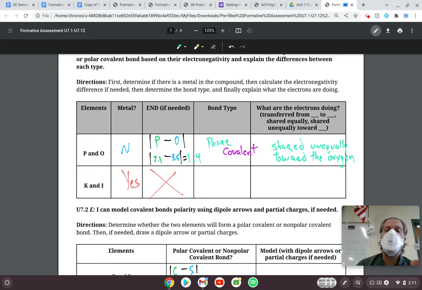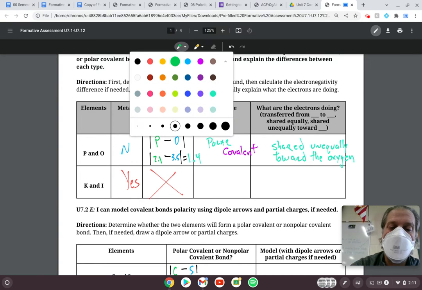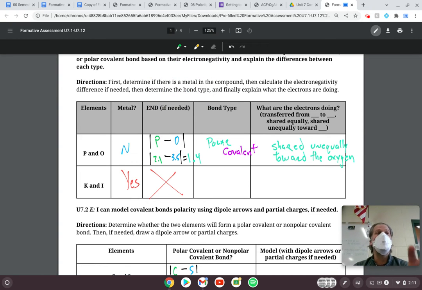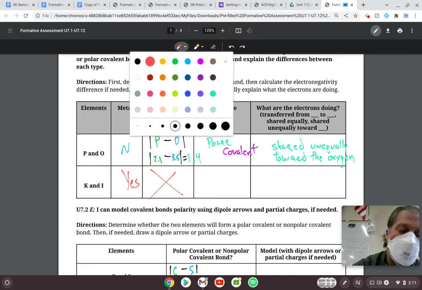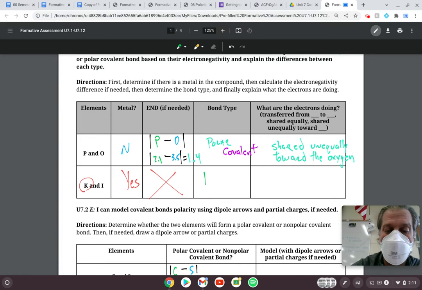With potassium and iodine, in this case, the potassium is your metal. So as a result of the potassium being your metal, that should tell you that you don't need to do an electronegativity difference, and that should also tell you that this is an ionic bond. Okay, and you should also be able to tell me that in an ionic bond, electrons are transferred.